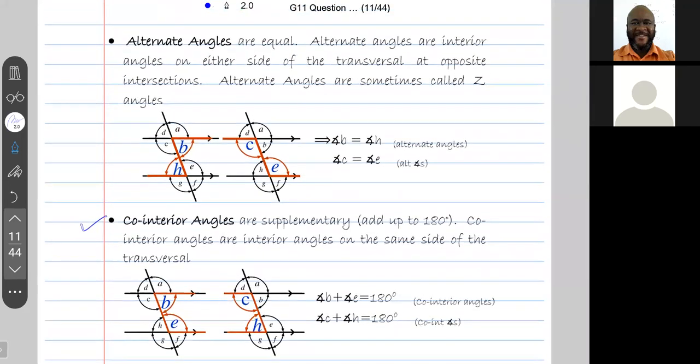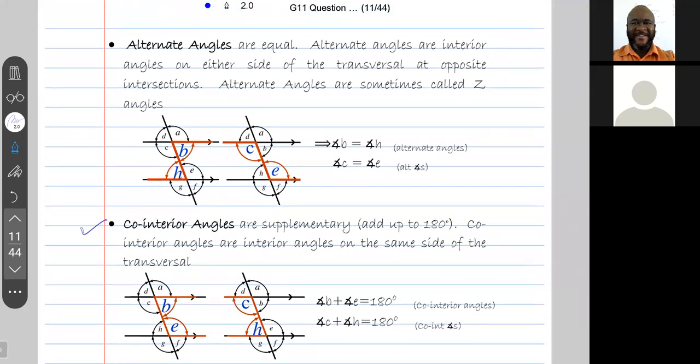Up here, we have alternate angles. Alternate angles are sometimes called Z angles, and alternate angles are equal. Alternate angles are interior angles on either side of the transversal at opposite intersections. They are called Z angles because if you use the parallel lines and the transversal to write a Z, the angles formed are the alternate angles.